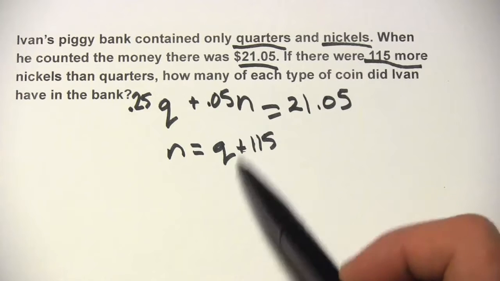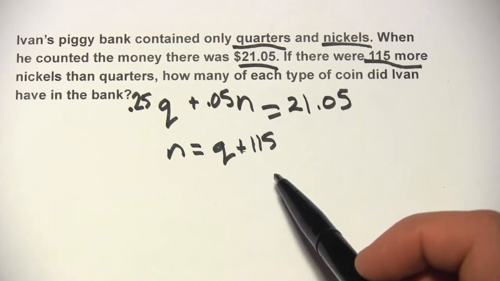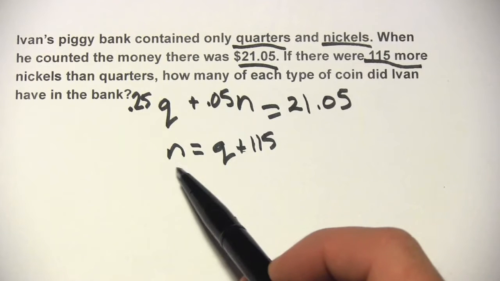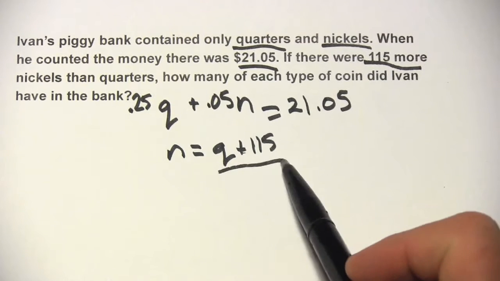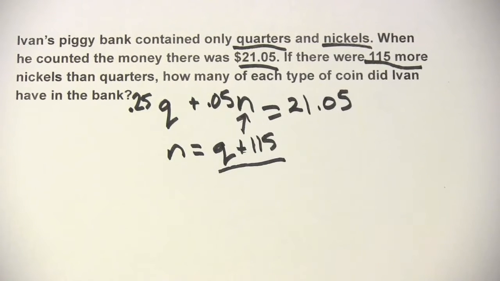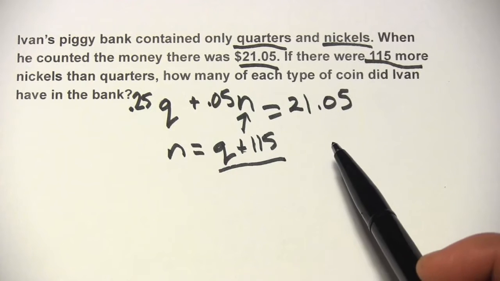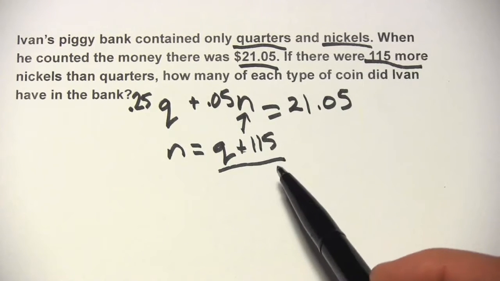Now we can try to solve this. The way these equations are set up, it tells me that maybe substitution is a good way to go about this. We've got this equation solved for n, so we could take this expression, q plus 115, and plug it in for n up here. Then we'd have one equation with just q, and we could solve for that. So I think that's the strategy I'm going to use.